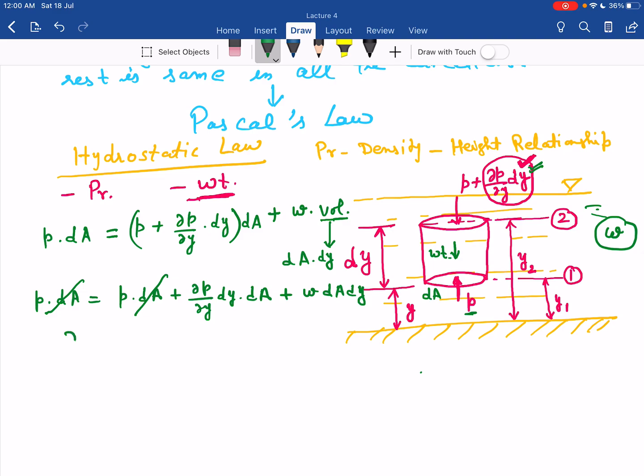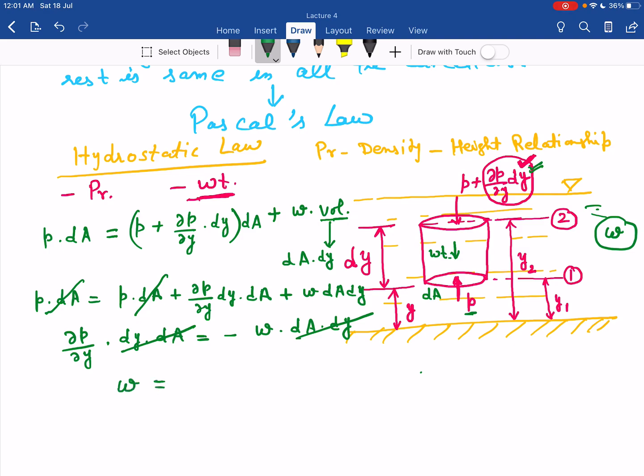So we are left with ∂P/∂y into dy into dA equal to minus w dA dy, and dA dy cancels out.